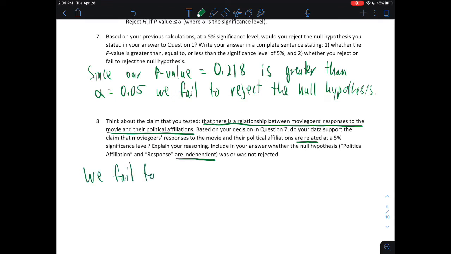We fail to reject the null hypothesis, which means our data does not support that the political affiliation and response are not independent. That may seem a little complicated to say, so how about we use a different word?